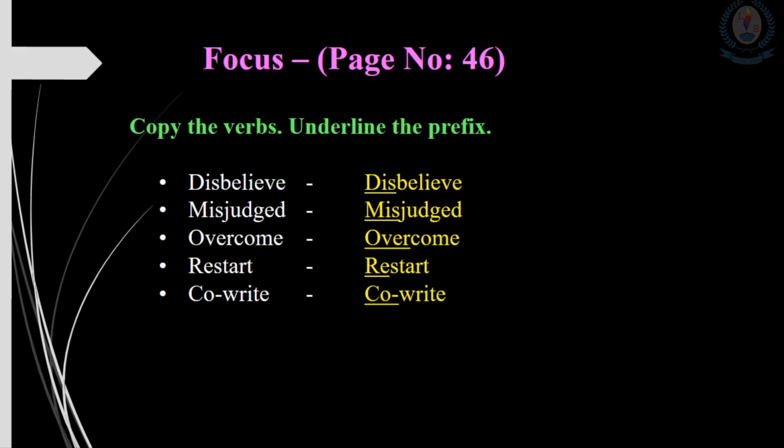Now here you have to separate the prefix from the base word. I have underlined all the prefixes here. Dis, mis, over, re and co. According to this, you can try out doing the other questions given in focus on page number 46.